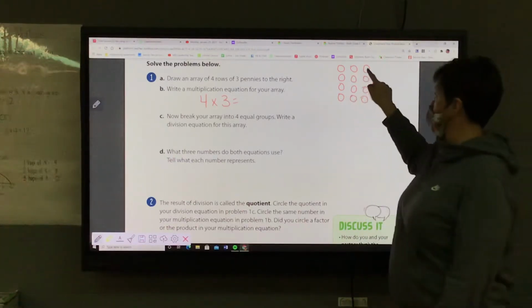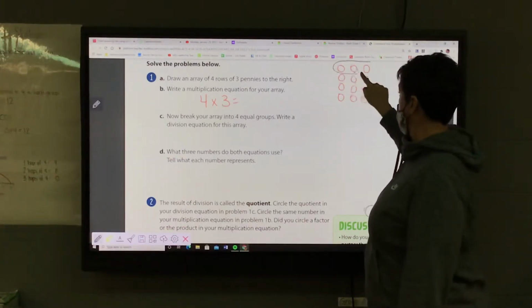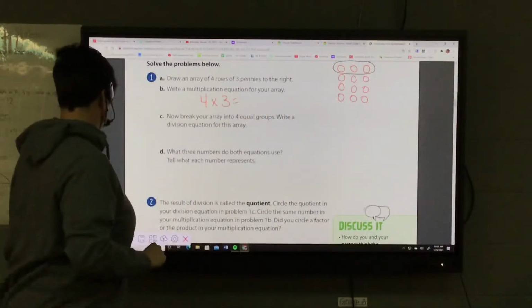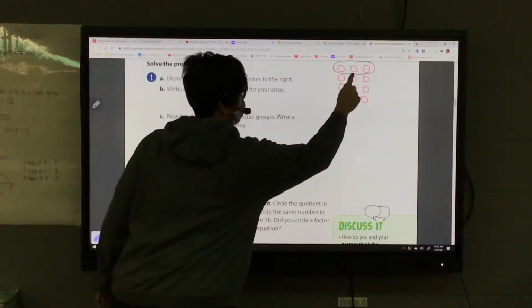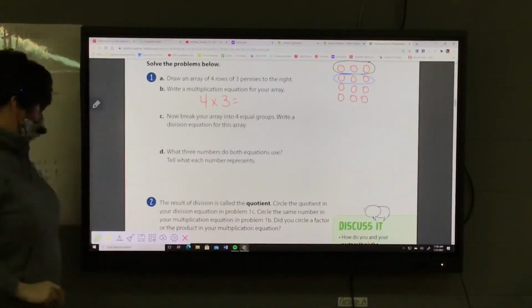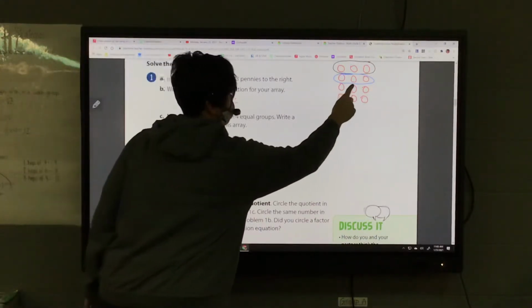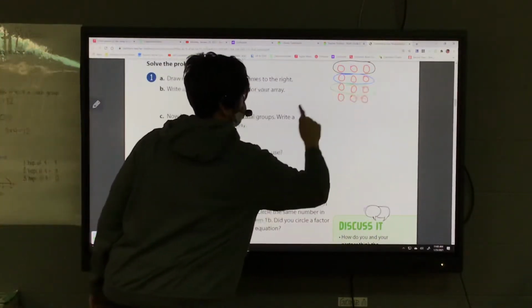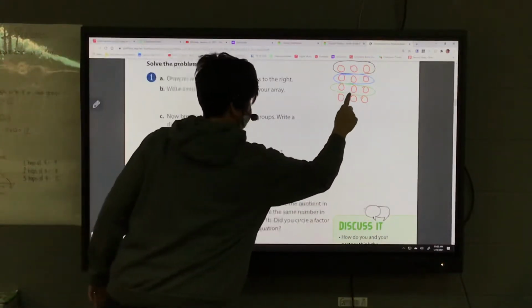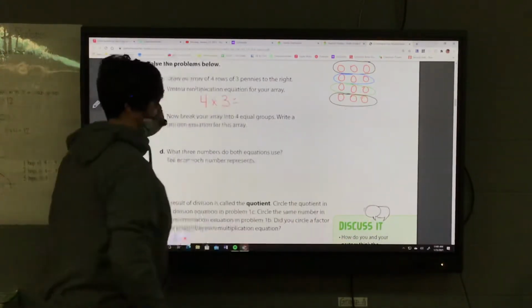All right. So would this be 1 equal group? Would this be my second equal group? And then my third equal group? And then a 4th equal group.